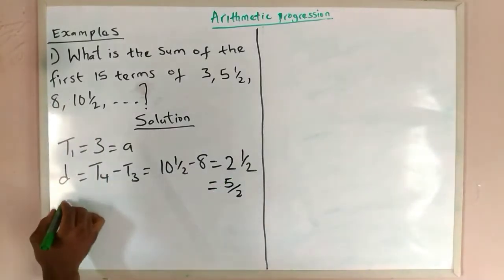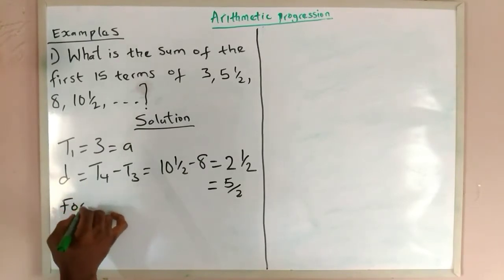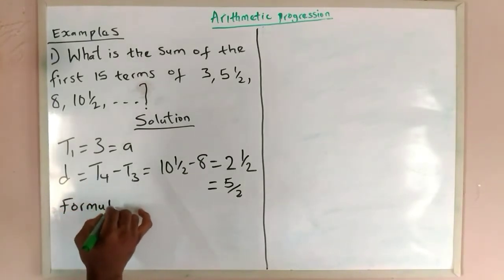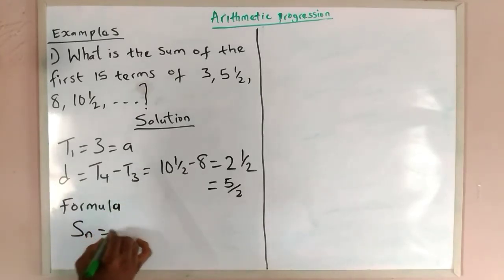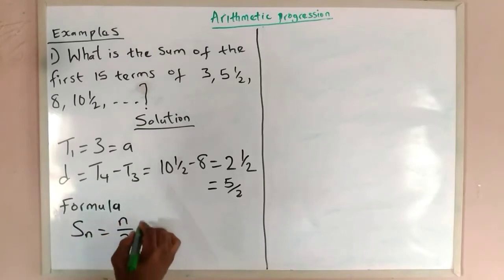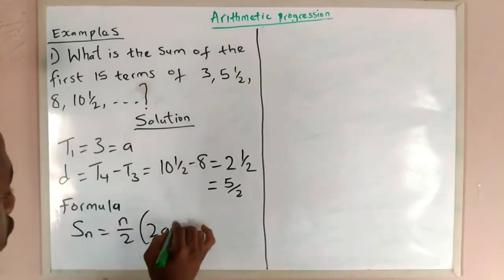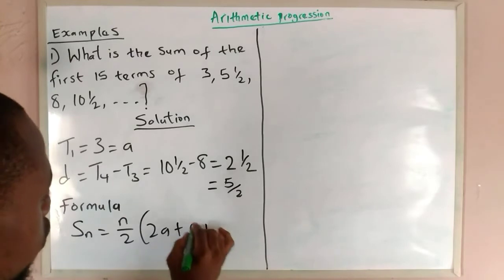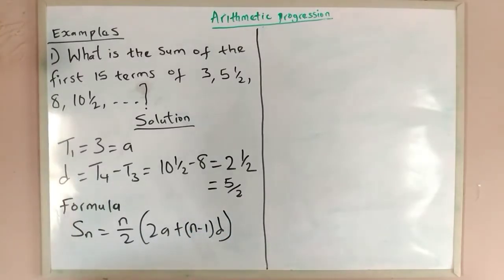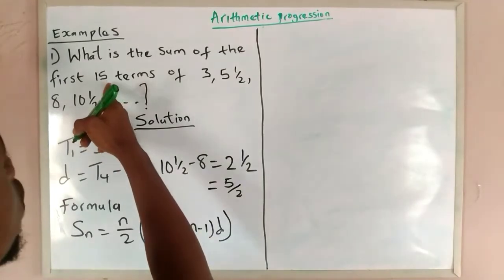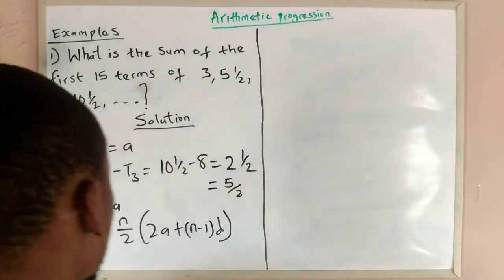Now, the formula for sum of an AP is Sn is equal to n over 2 into brackets 2a plus (n minus 1)d. So here we are asked to find the sum of the first 15 terms.